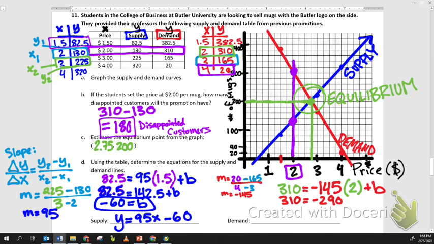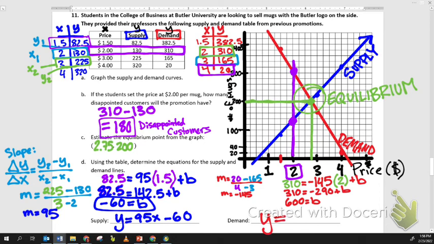Negative 290 plus b, and when I add that to both sides, I get my b value, my y-intercept is 600. And that means I can rewrite it as y equals my slope, my negative 145, x plus my y-intercept 600.